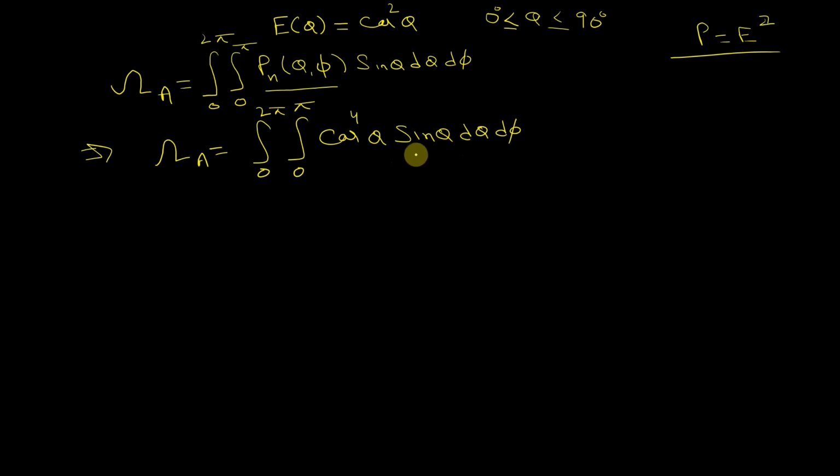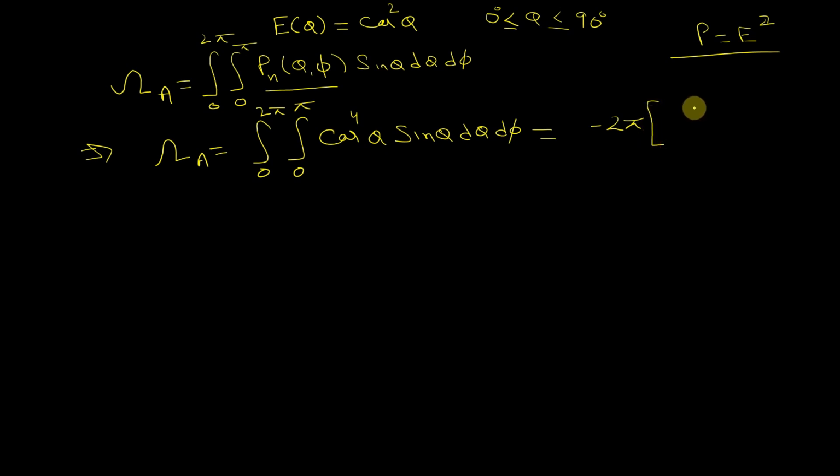If you solve it, there is no phi variation here, so we can easily solve for phi, and then we can easily solve for theta. After solving it you will get minus 2 pi. This comes from the phi integration, and the remaining is the theta variation.